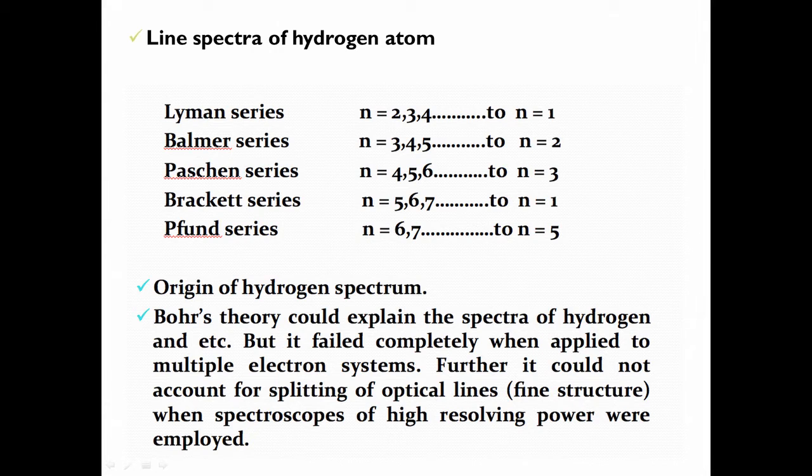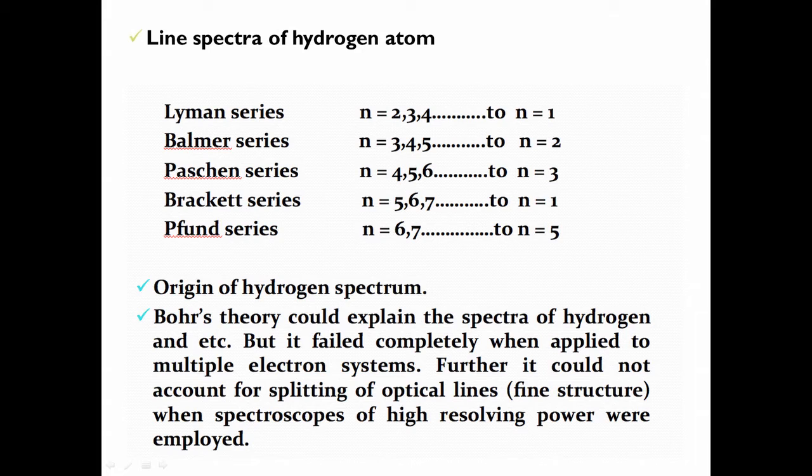But as you go from higher to higher energy levels, from n = 1 to 2 the energy level difference would be very high, 1 to 4 would be still higher, but 2 to 3, 3 to 4 or 4 to 5, the energy difference between these energy levels would be much lower.